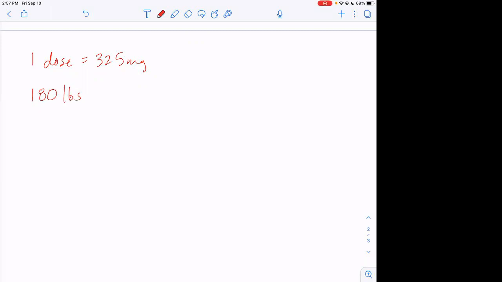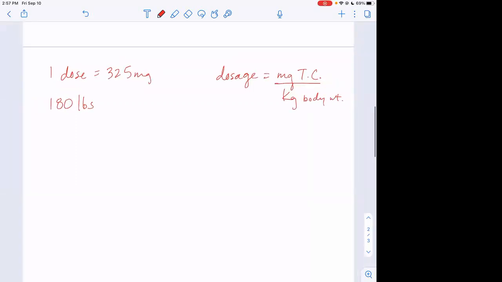The next sentence says, calculate the man's dosage. It says calculate the man's dosage in what? So a dosage is milligrams of the toxic cleanse over kilograms of body weight. That is a dosage, and a dosage has those units, okay?